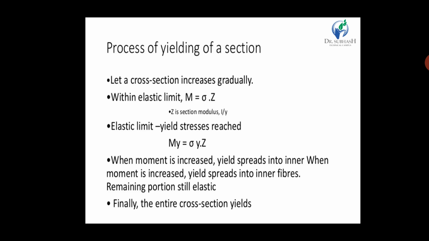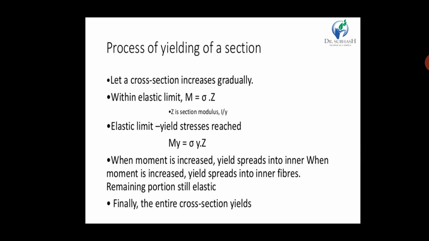Let a cross section be loaded gradually within the elastic limit. The moment is denoted by M equal to sigma into Z, where Z is the section modulus, generally I by Y. When the elastic limit, the yield stress, is reached, the moment is My.